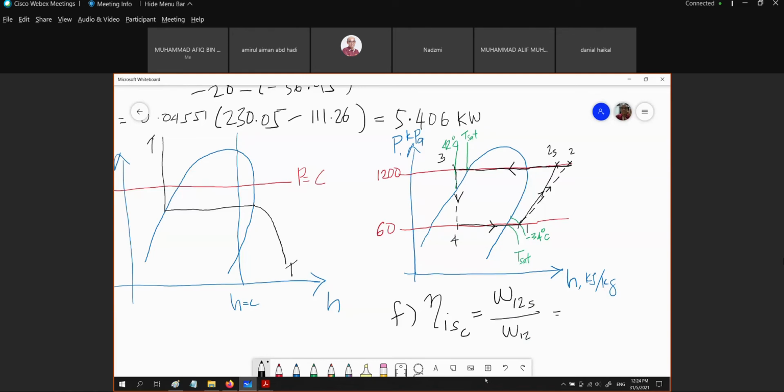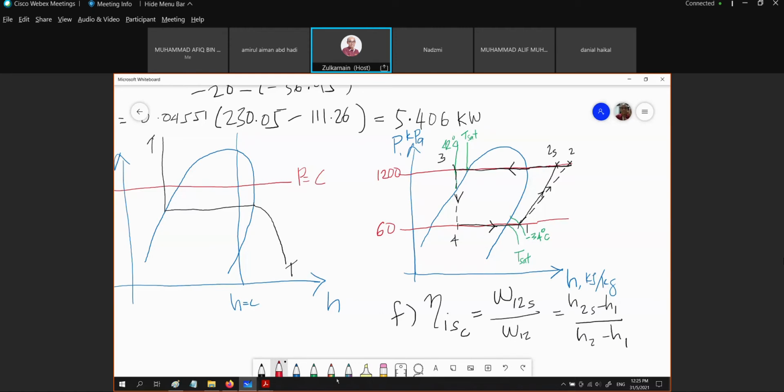So this is H2S minus H1 divided by H2 minus H1.